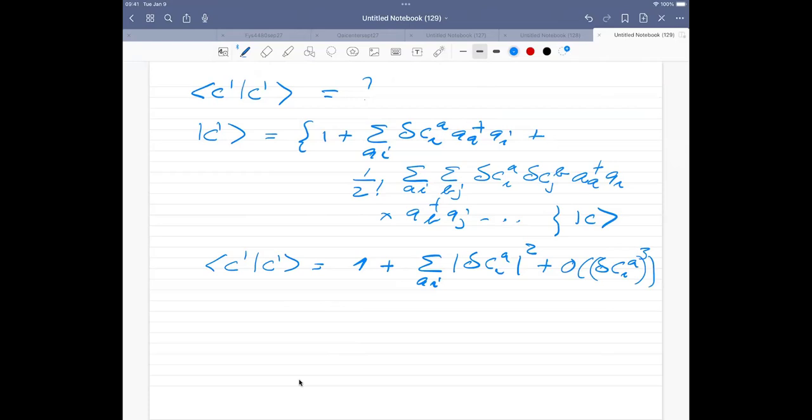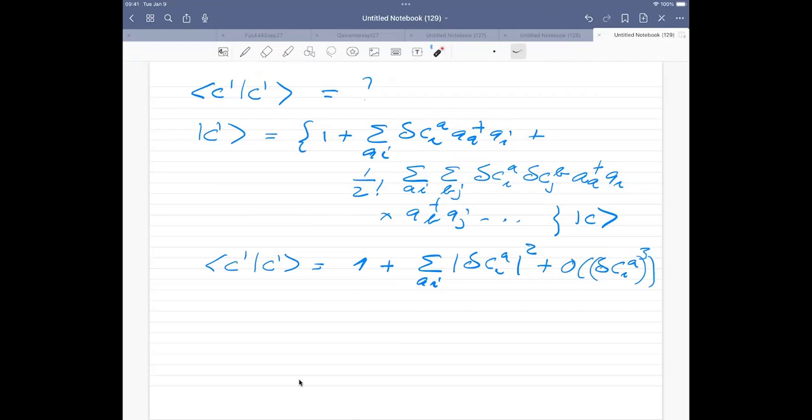It's pretty easy to see that, because if you calculate the norm of that specific quantity, C prime, you will quickly see that due to the commutation rules which we have for the creation and annihilation operators, and the fact that these act on the reference state C and you end in the reference state C, the terms which we get have to behave like this. There is no first order term, which you can quickly see, because if you take the first term, you would have this one multiplied with this, and that is obviously 0.